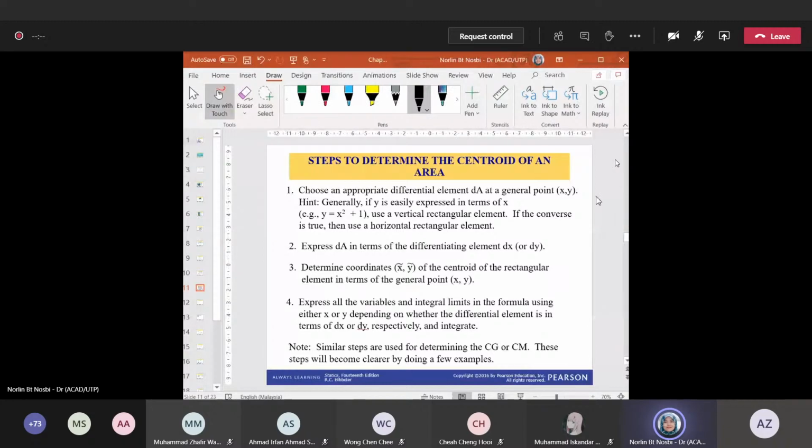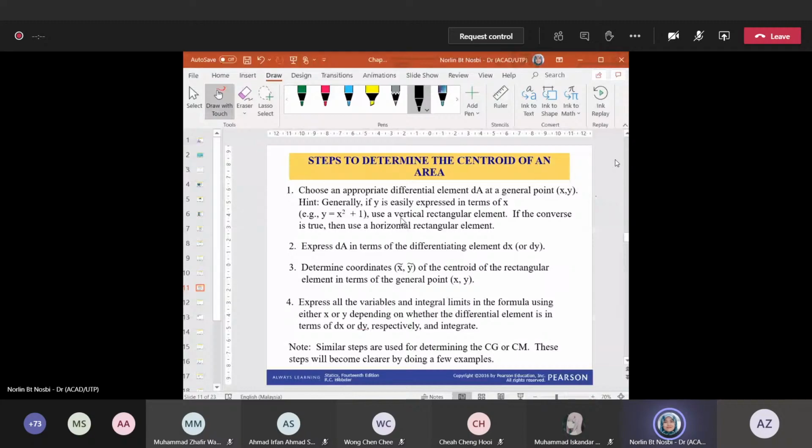Okay, the first step. For example, if the equation shows you an easy equation such as this one, y equals x squared plus 1, you need to use a vertical rectangular.